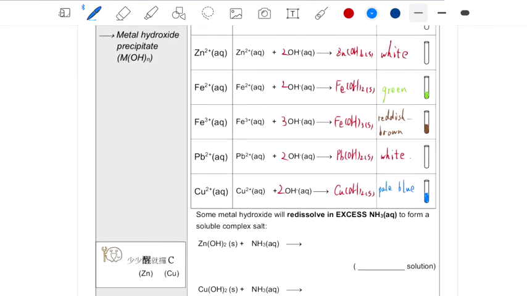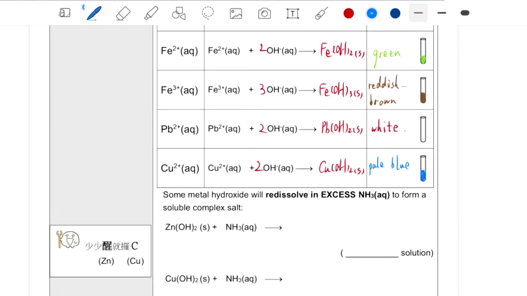And again, for this one, there are two special cases that you need to remember. Okay, so there are two types of metal hydroxide that are going to redissolve in excess ammonia solution. The complex ion formed is going to take the ammonia, not the hydroxide anymore, because only a small amount of hydroxide is in the solution.